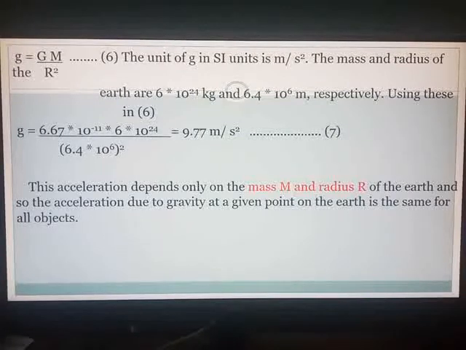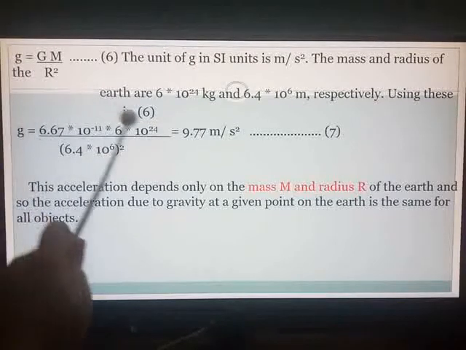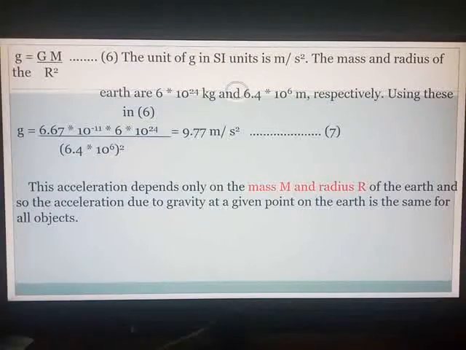Substituting these values in the above equation, you will get g on the surface of the earth as 9.77, which is approximately equal to 9.8, and hence while solving the numerical examples in SI unit we take the value of g as 9.8 meter per second square.